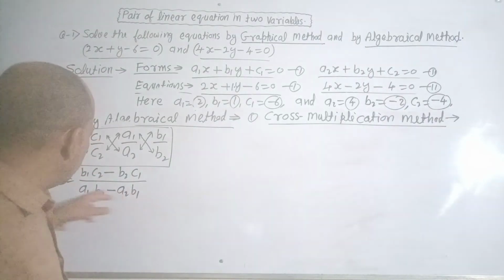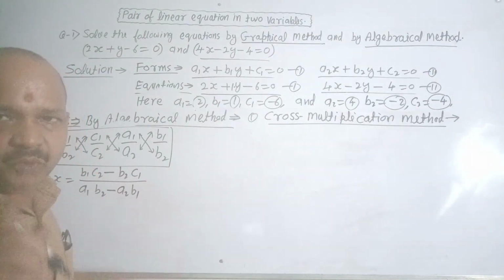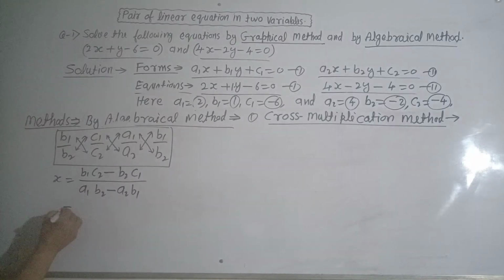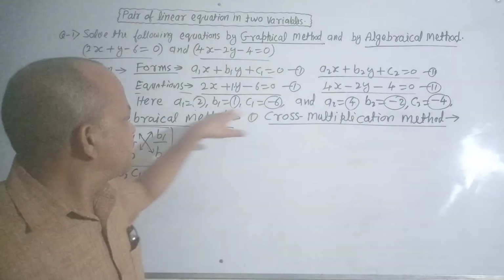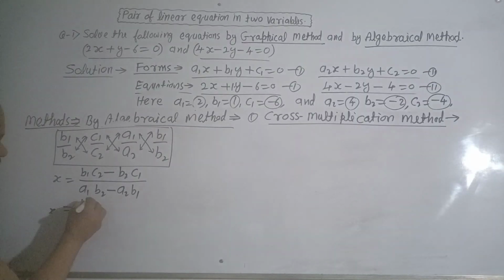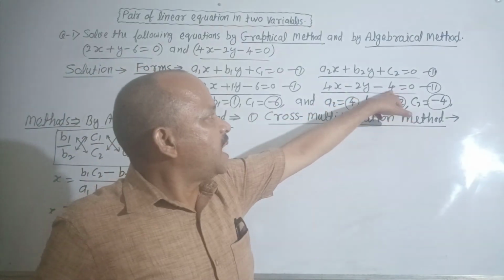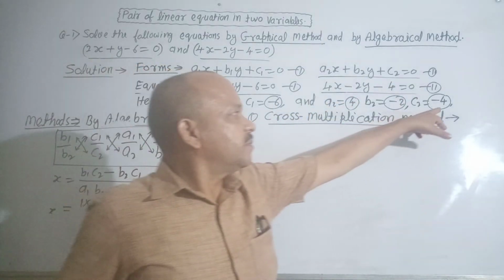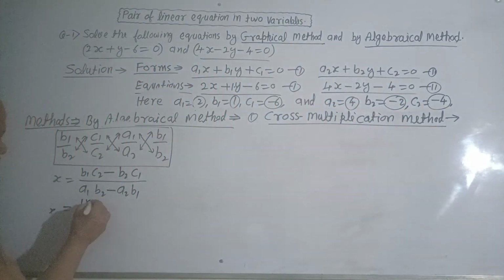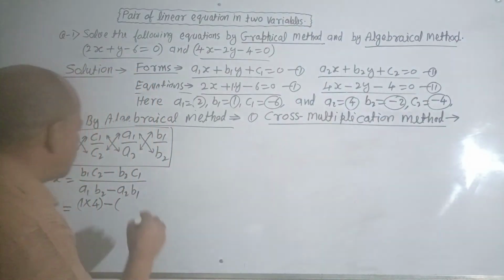Put the value of a1, b1, c1, a2, b2, c2. B1 means here 1. C2 means minus 4. Minus b2 means minus 2.